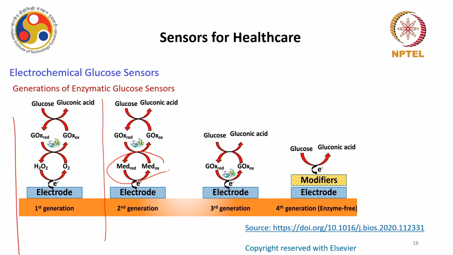In the third generation, you have the enzymes in place and the electron is directly given to the electrode without having any mediator. And then in the fourth generation devices, it is totally enzyme free and the glucose is directly oxidized by certain modifiers, certain catalysts into gluconic acid, and the electron is being donated to the electrode.